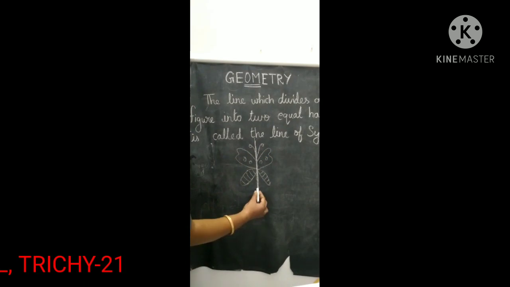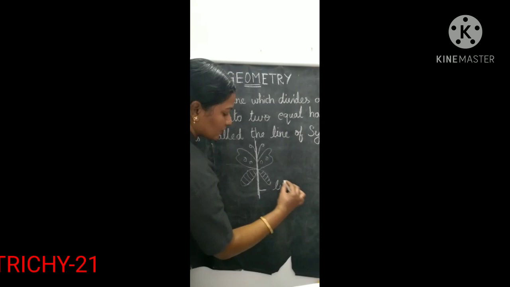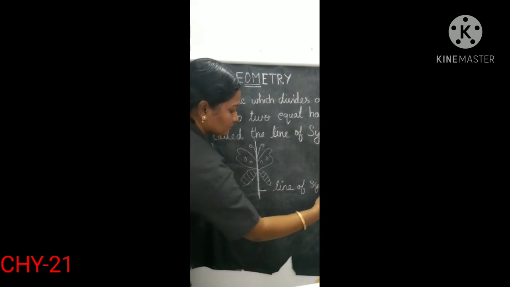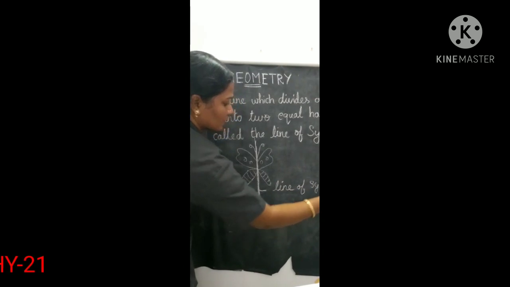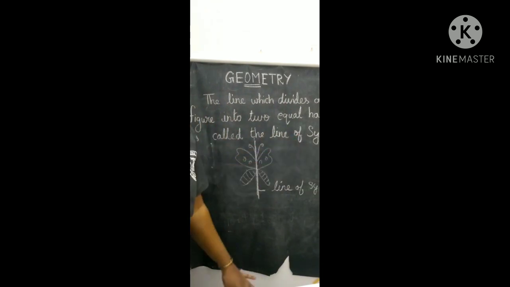So this is a line of symmetry. The line which divides a figure into two equal halves is called the line of symmetry.